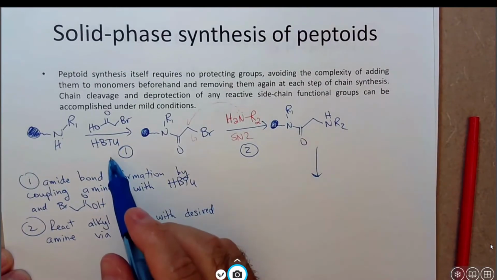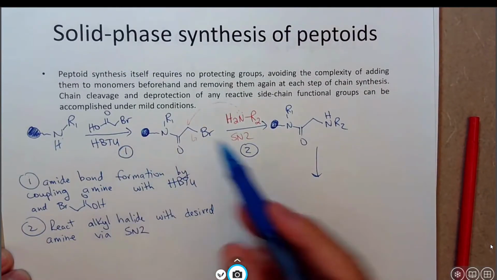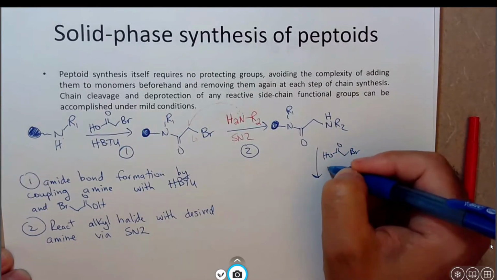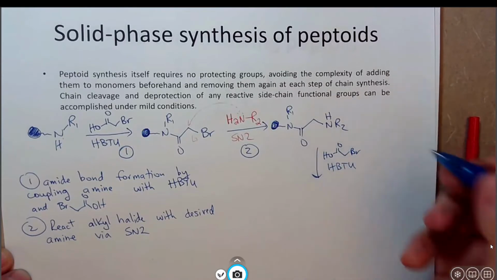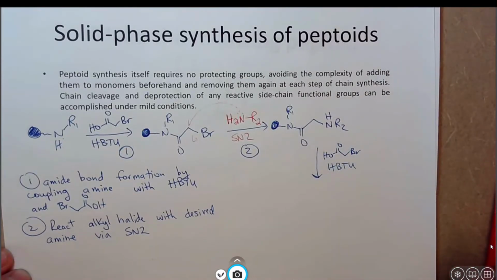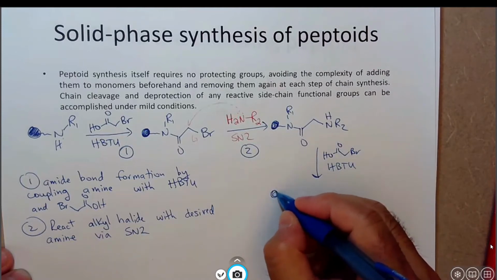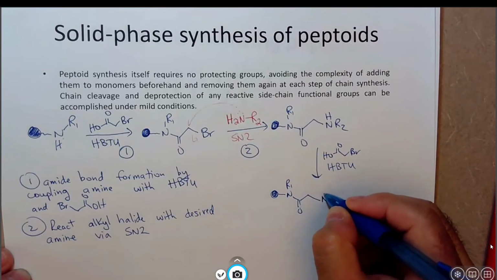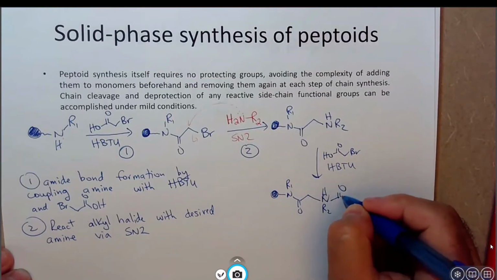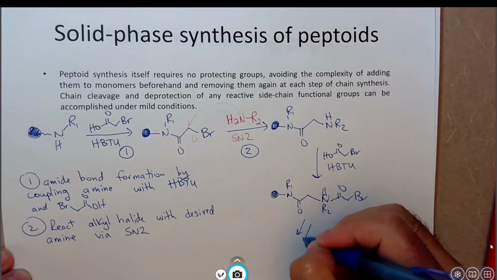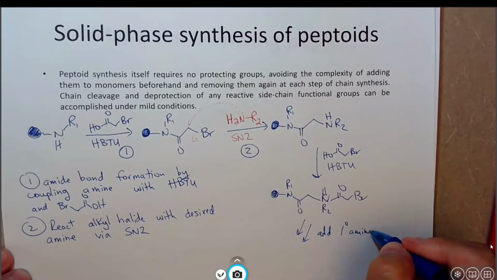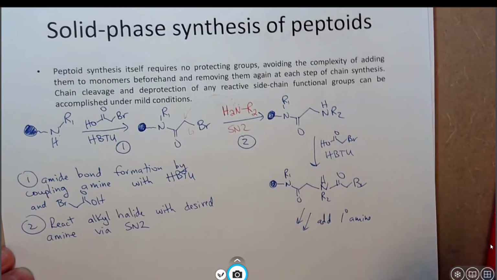And then at this stage here, if you want to keep growing your peptoid, you can see, just go back to step 1, right? So now you need to add the bromoacetic acid with HBTU. Right, and then you add your desired primary amine, and this just repeats itself over and over again for as long as you want.